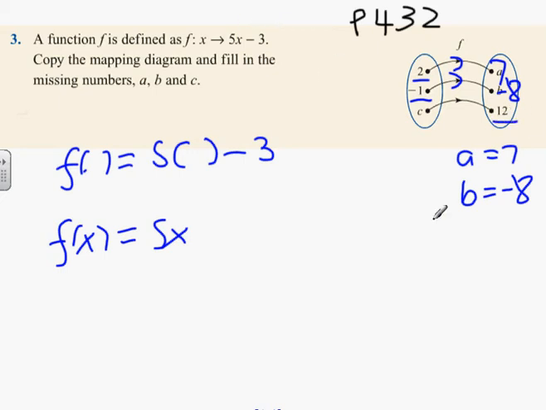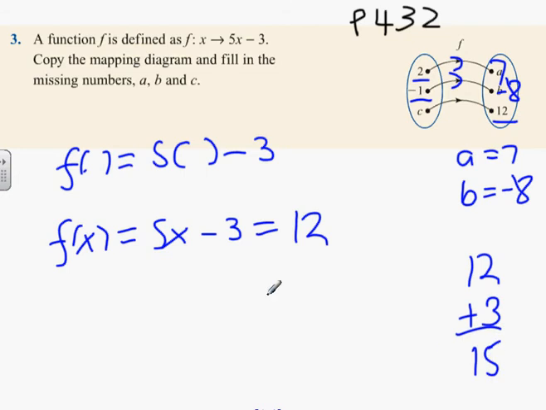What is that number? The way Aaron might do it in his head was, well, if I get 12, the last thing I did was take away 3. So to reverse that process, I can add 3 to get 15. 5 times this number must be 15. So what is that number? 5 times what number is 15? 3. So you divide by 5 and you get 3.